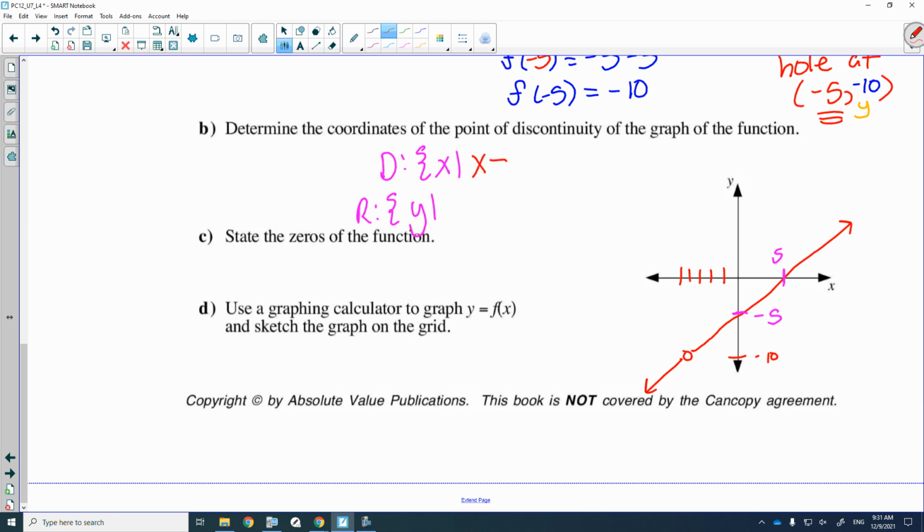So x cannot be equal to negative 5, x ∈ R. Connor, what can y not be? It's at the hole. Look at the hole and the y coordinate of the hole. That's right. So y cannot be equal to -10, but other than that, y ∈ R. Okay, we will finish this off tomorrow.